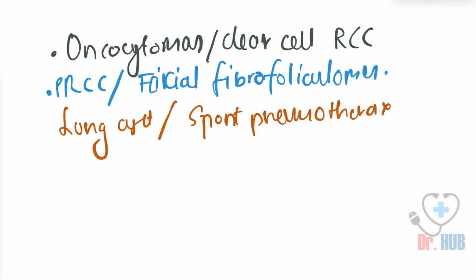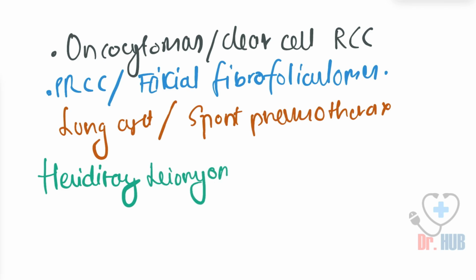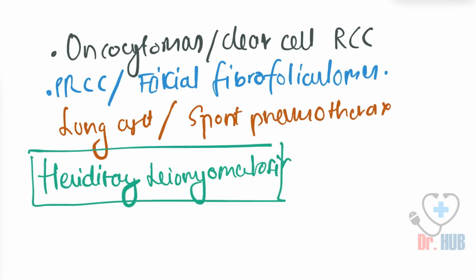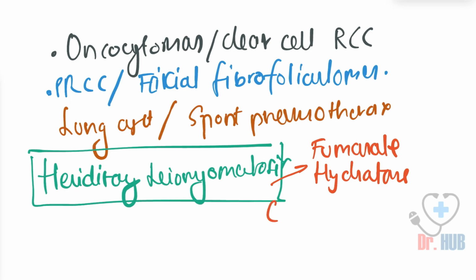Then we look at the hereditary leiomyomatosis. So under this, the mutation lies in the fumarate hydratase gene, which is 1q42-43.